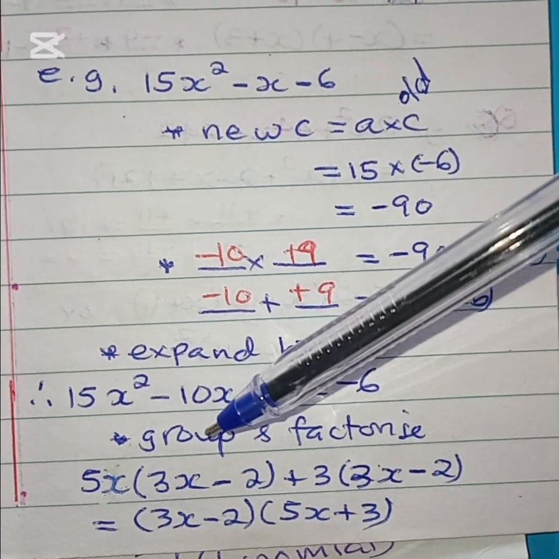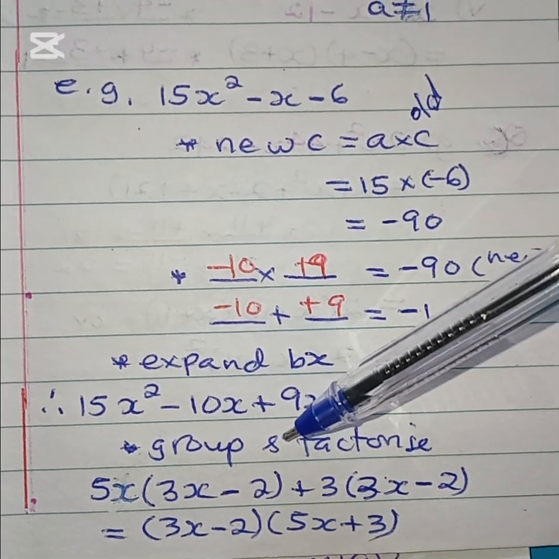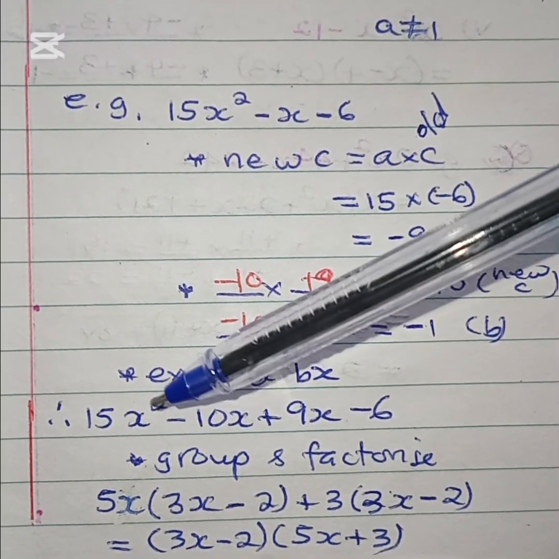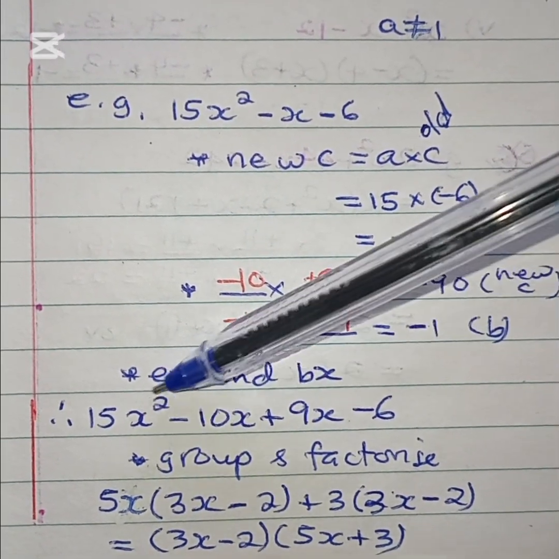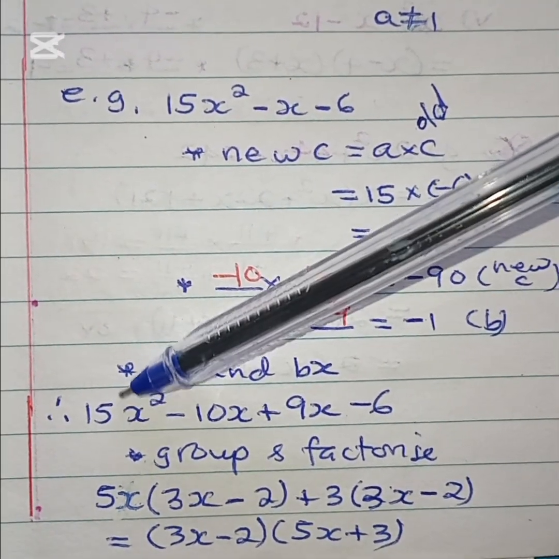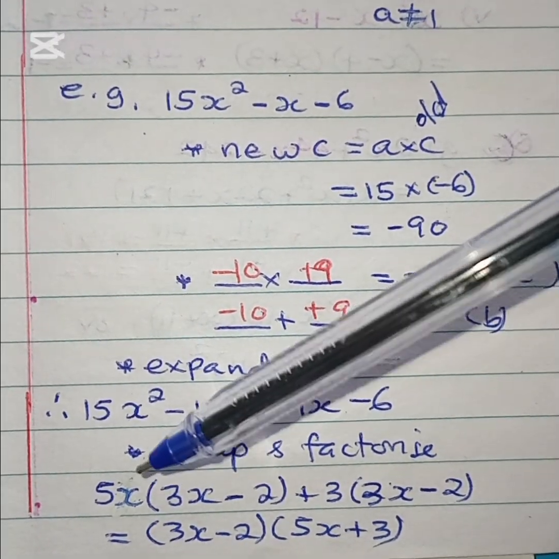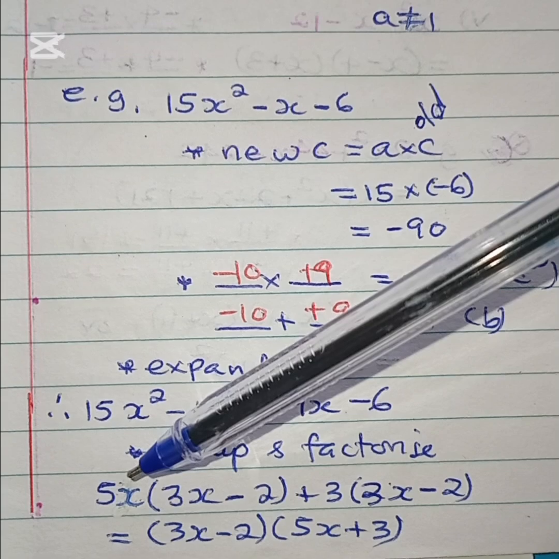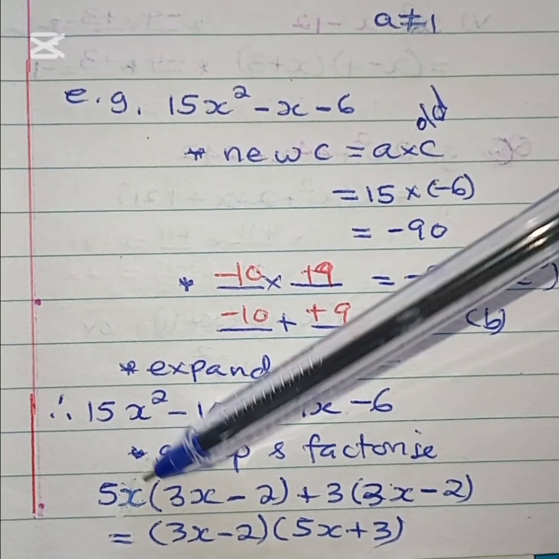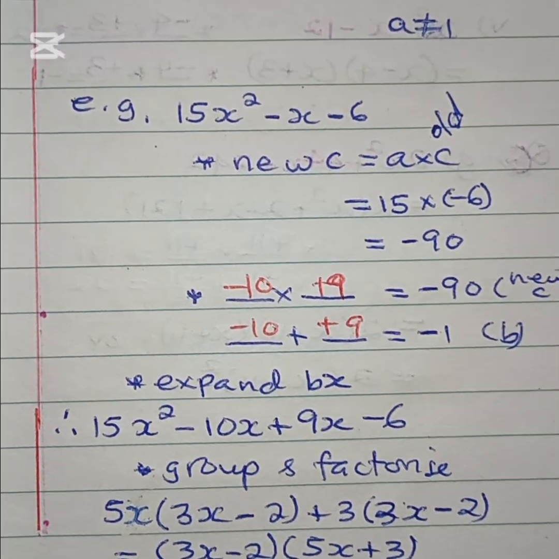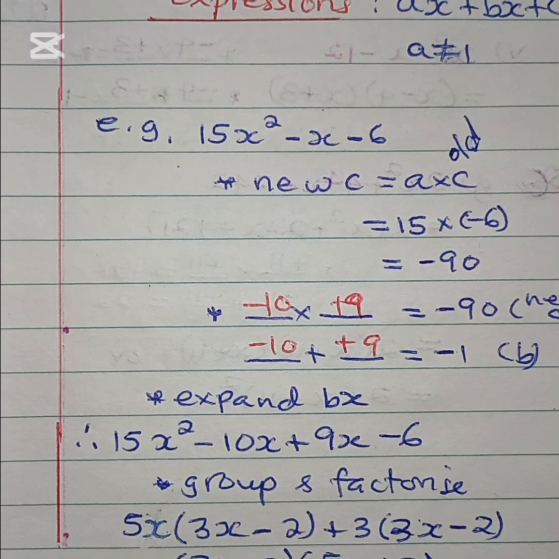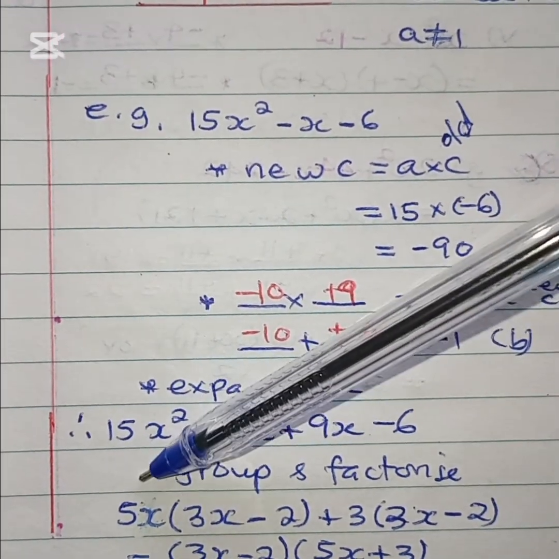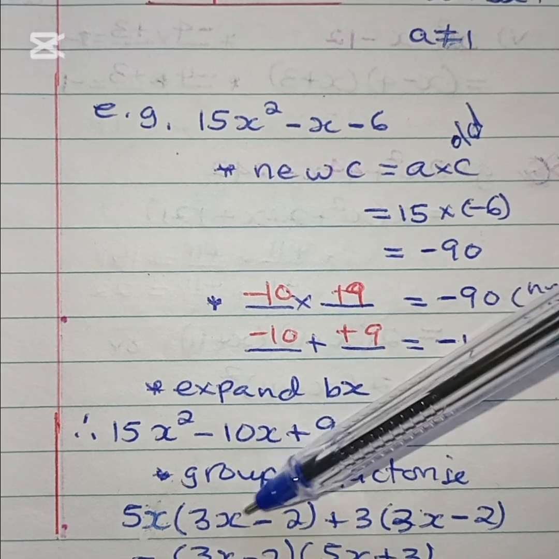So what we'll do is group them and then factorize. We group them according to their common factor. 15 and 10 have a common factor of 5. x squared and x have a common factor of x. So 5x goes outside the bracket, and then 15x squared divided by 5x gives 3x.